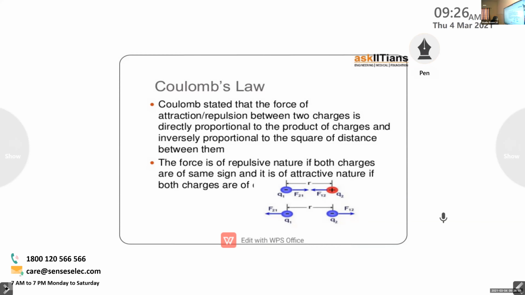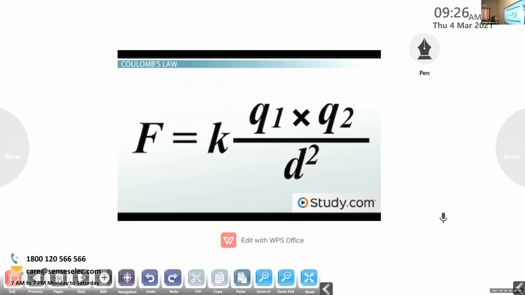The equation is F is equal to K Q1 Q2 divided by D square. Here we are taking the distance as R, so Q1 Q2 by R square.